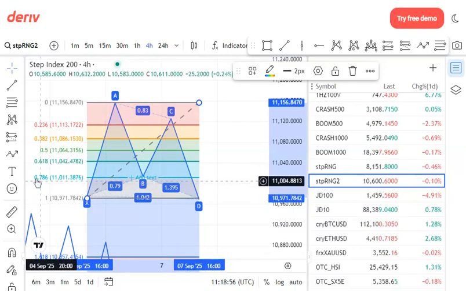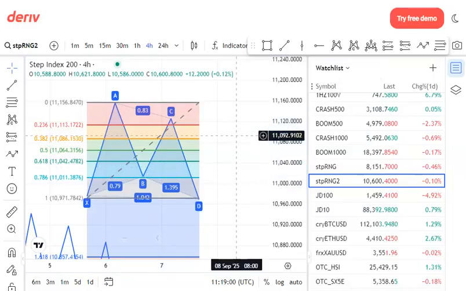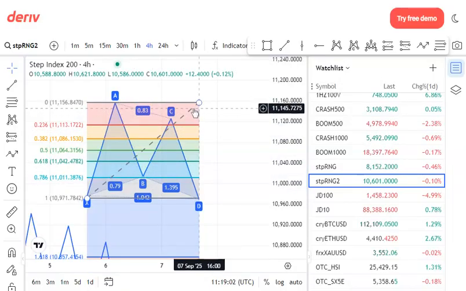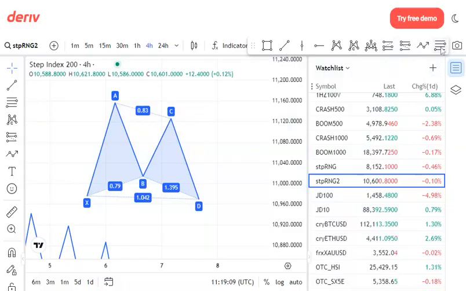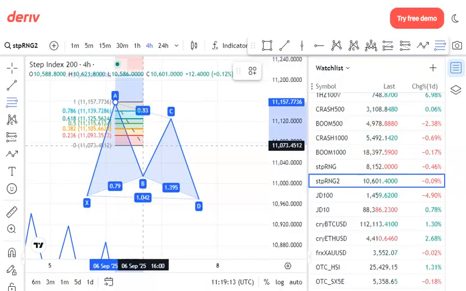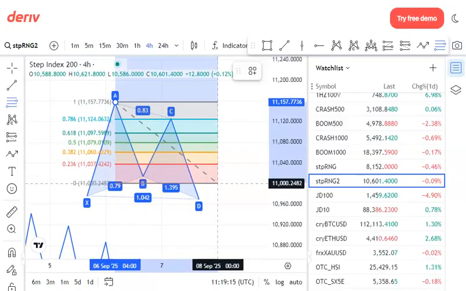This is 0.786 equals 0.79 approximately. Now if I also calculated my A to B point, you would see my A to B also meets this criteria, 0.83 Fibonacci level. You would see it on the screen.